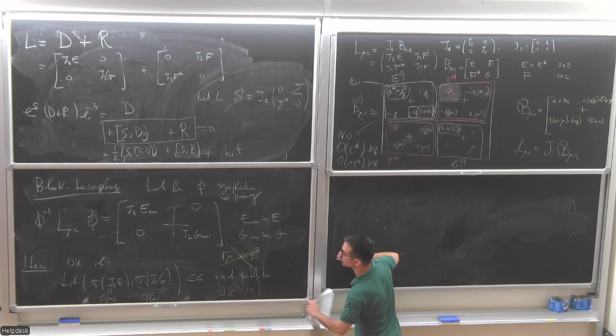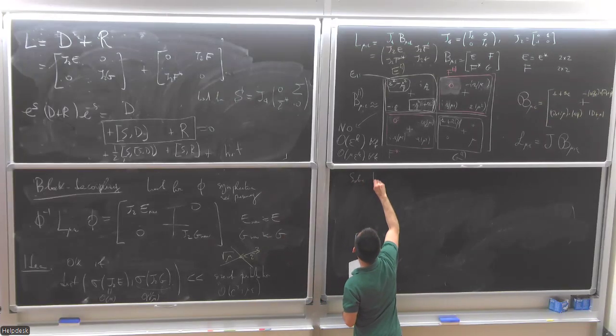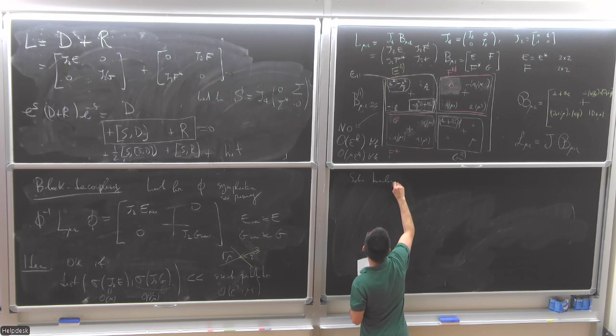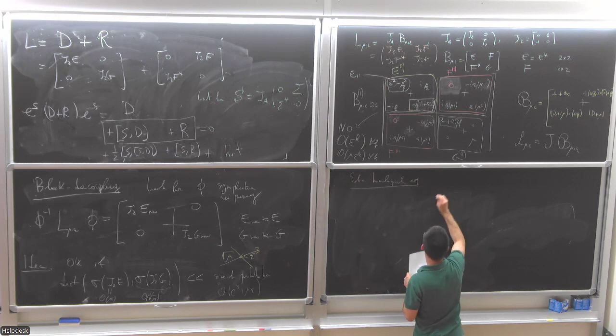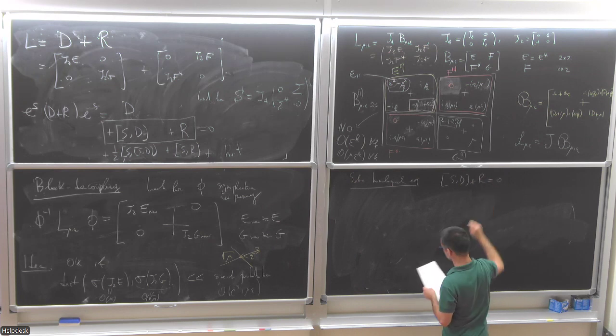So I want to solve the homological equation: the commutator between S and D plus R equal to 0.